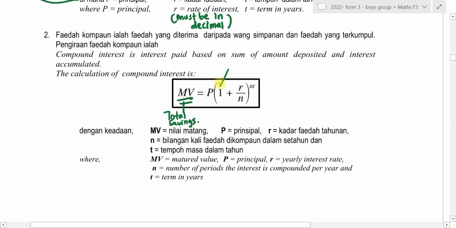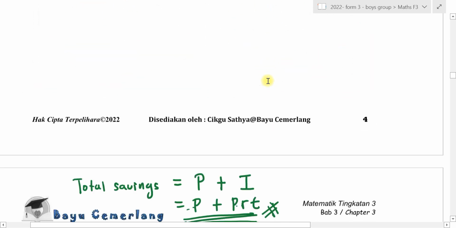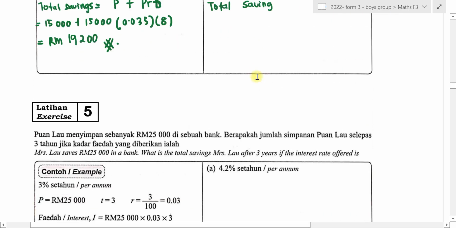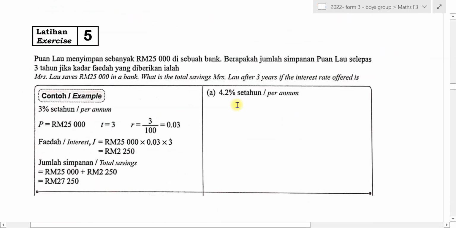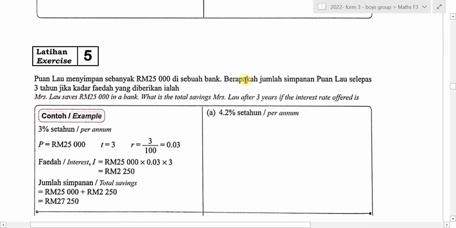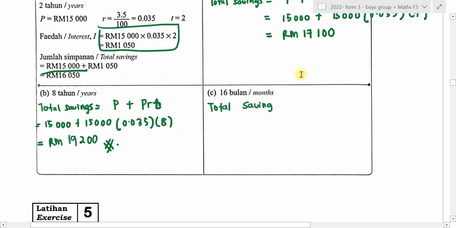Why do they put 1 here? Yes, wait first, this one we have not entered yet. We are using simple interest first. Slowly we will enter compound interest. Okay, sir. Relax first.